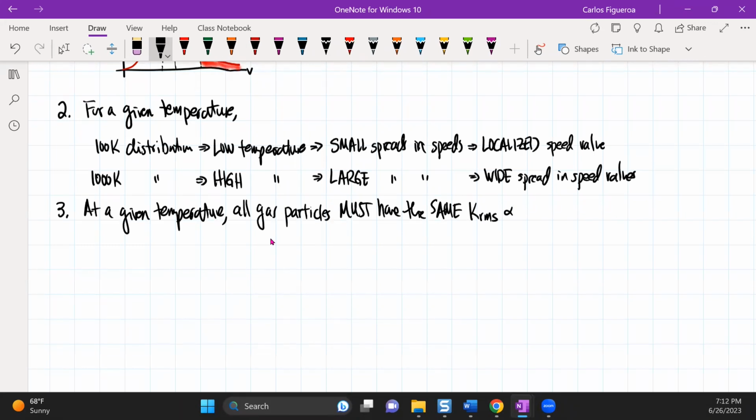Why? Because it's proportional to the temperature. So if they have the same temperature, they have to have the same KRMS.